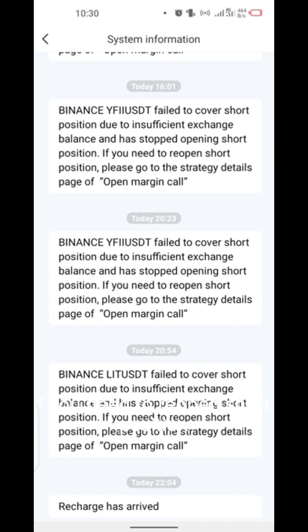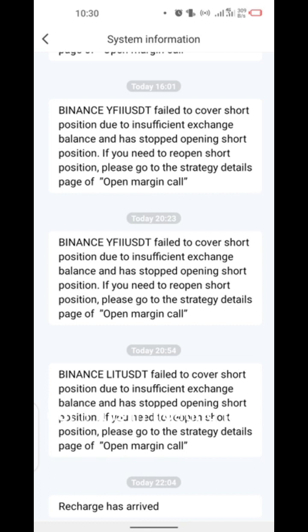If you need to reopen short position, please go to the strategy details and open margin calls. When there is no more USDT for the robot to keep buying deep of this particular coin, that's when we say your trade is stuck.